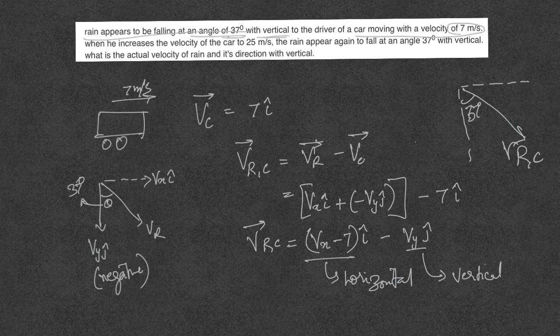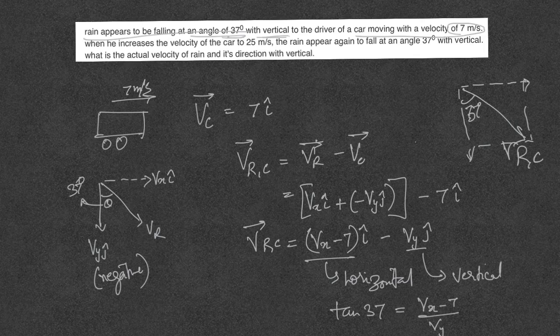Then tan 37 would be the x component divided by the y component, right? Tan 37. So we'll have (Vx minus 7) divided by Vy.